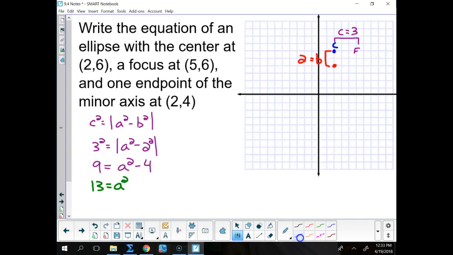So x minus 2 quantity squared over what? Over 13 plus y minus 6 quantity squared over 4 equals 1.